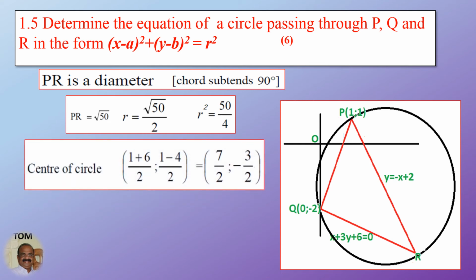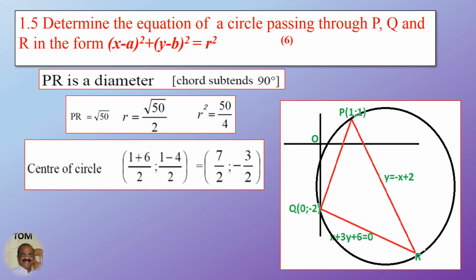And the center of the circle, we use P and R with the midpoint formula, (x1 plus x2) over 2, (y1 plus y2) over 2, that is (1 plus 6) over 2, and (1 minus 4) over 2. So we have the x-coordinate and the y-coordinate of the center, that is 7 over 2 and minus 3 over 2.